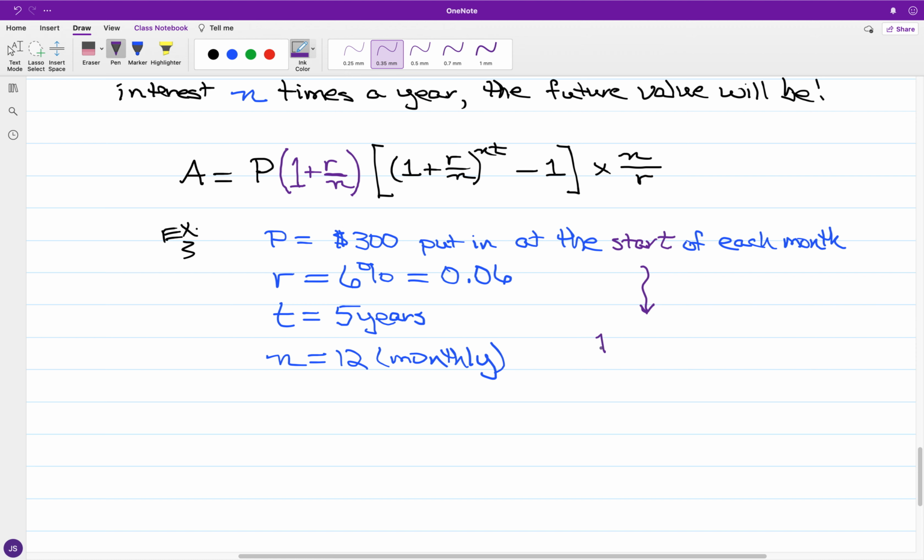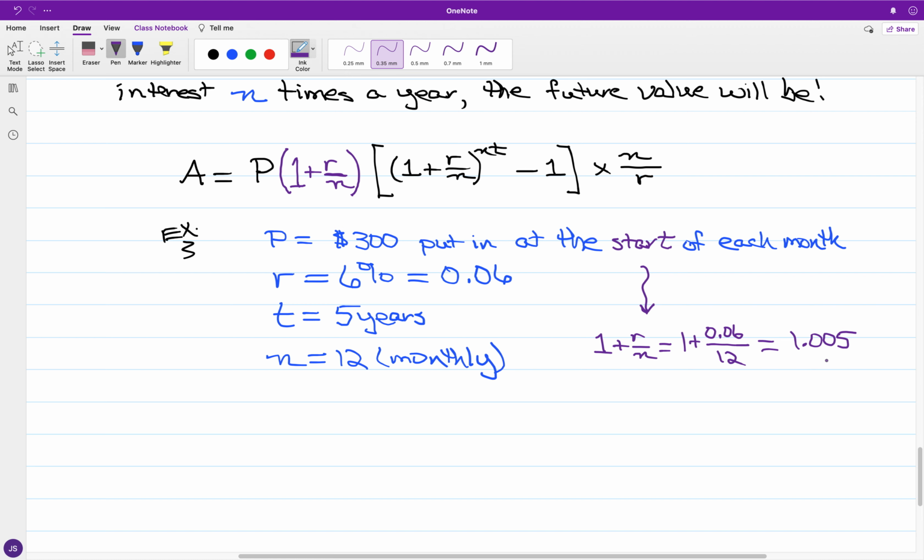So with 1 plus R over N, we have 1 plus R, which is 0.06, over N, which is 12. And again, you're going to have that 1.005 reappear.